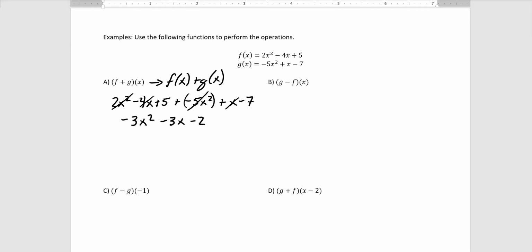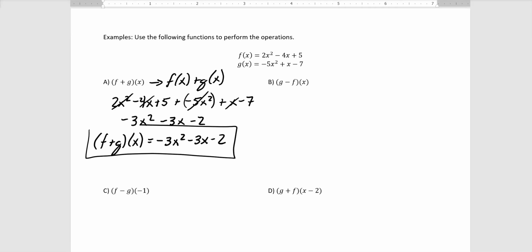That's just helping me make sure I utilize all my terms. You do not have to do that by any means. But that means my final answer, f plus g of x, equals negative 3x squared minus 3x minus 2. And there we go.